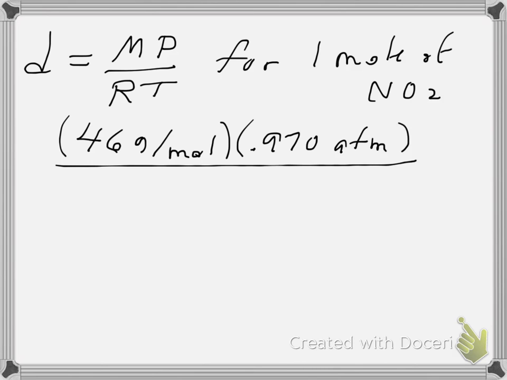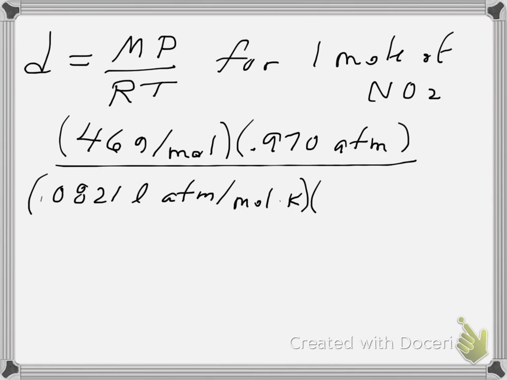So our gas constant is 0.0821 liter atmospheres per mole Kelvin, times the temperature, which is 35 degrees Celsius, so 273 plus 35, so 308.